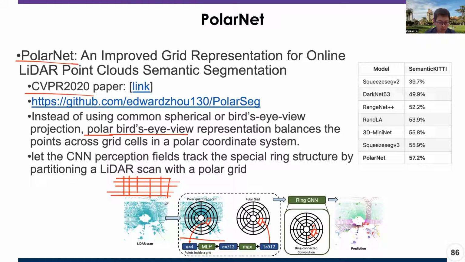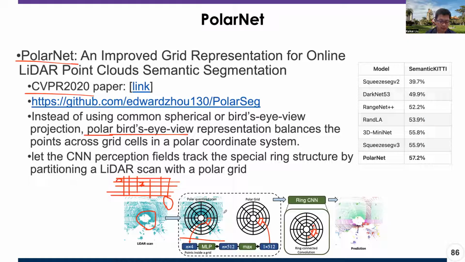So the laser points in this region are very low, but the laser points close to the car are high density. If you simply use this grid, then regions close to the car may have so many points, and if it's really far away, some regions may not have any points. So this is also different from traditional images: different regions have totally different densities.